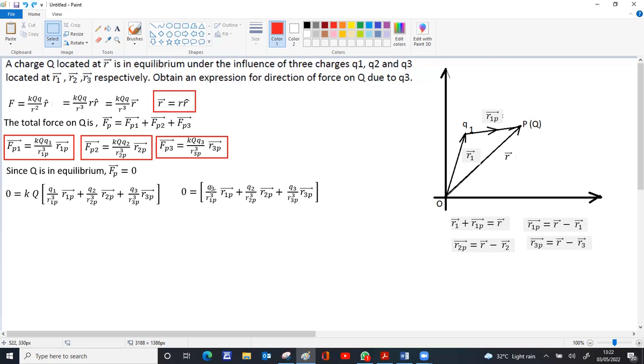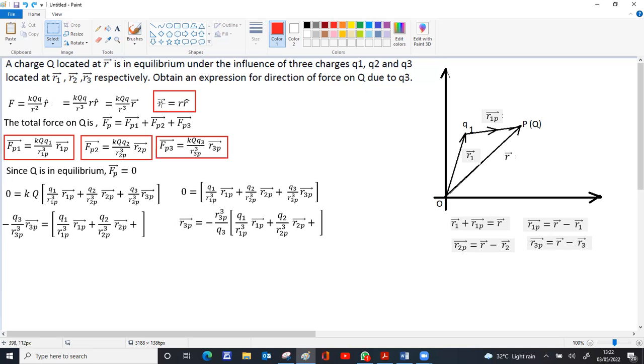Q1 by whatever is left. Now our aim is to find the direction of force on Q due to Q3. So this part we will take separate to the left, with a minus with the same terms here. Now we only want the direction, so take these two magnitude parts to the right along with the minus. So R3P vector is the same as whatever is in the bracket into R3P whole cube by Q3.